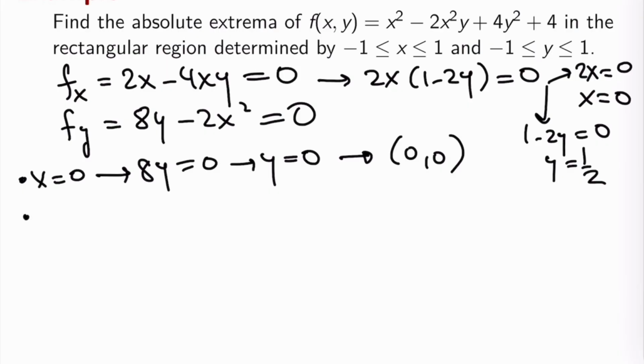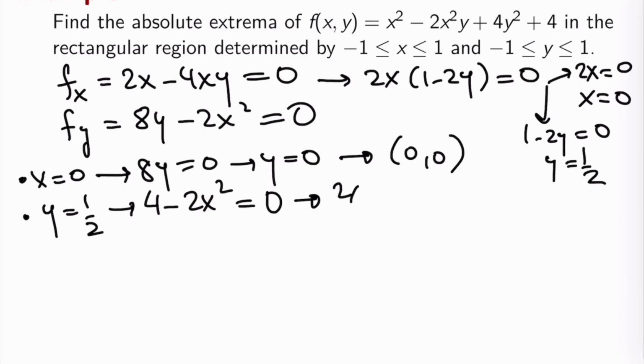And then for the other one, when y is equal to 1/2, we are going to have that 4 minus 2x squared is equal to 0, which means that 2x squared is equal to 4, x squared is equal to 2, x is equal to plus or minus the square root of 2.